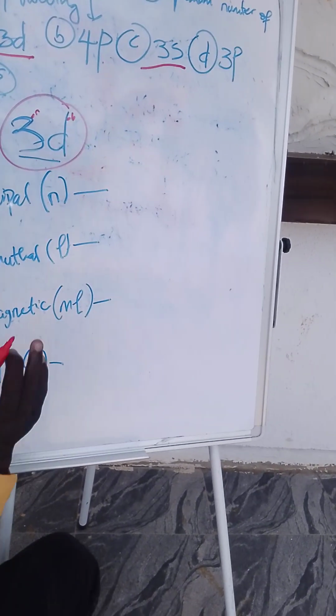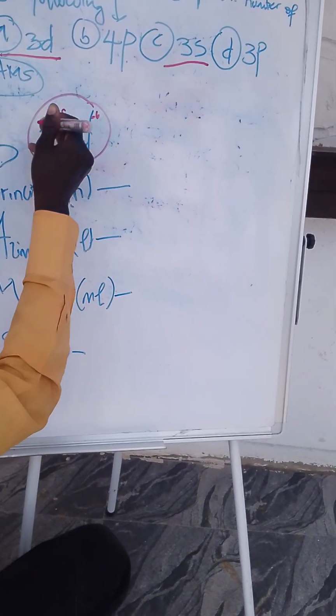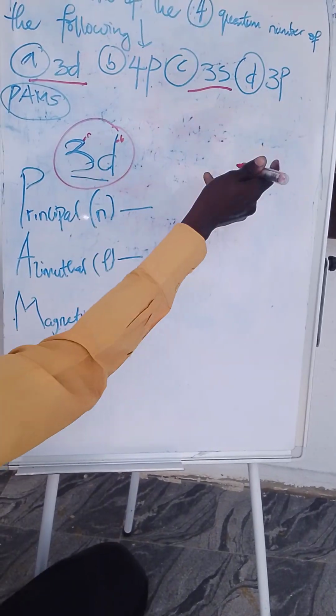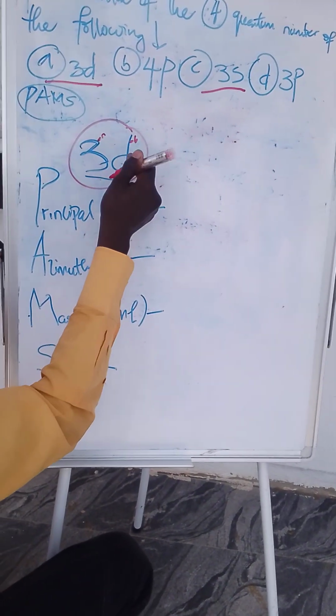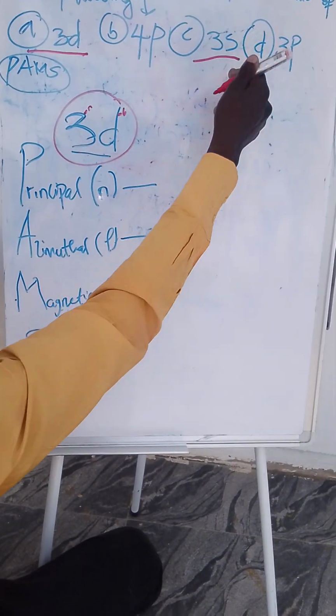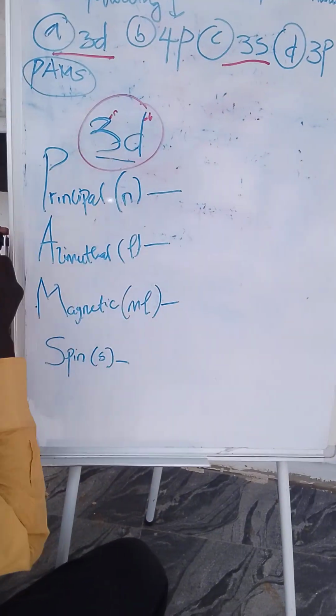Please follow this, it's very simple. For this one, your 4 is your principal. This one, 3 is your principal. This is our principal, this is our azimuthal. So for this particular question, our principal is what?